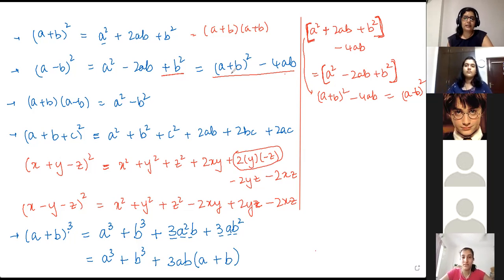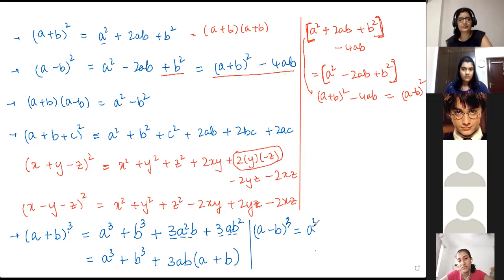All right. Now इसका ही दूसरा variation: take A minus B and cube it. Can you figure out what A minus B whole cube will be? Ma'am, it would be A cube minus B cube minus 3AB.